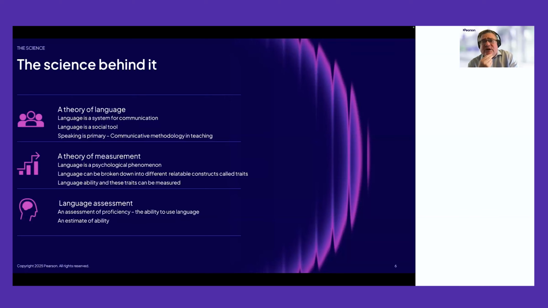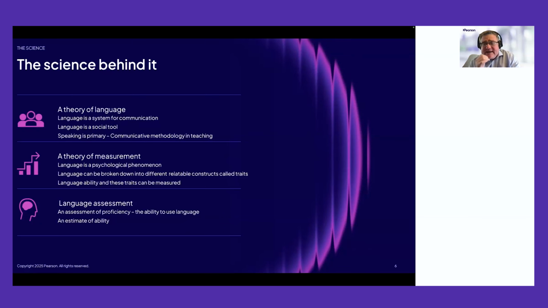And for those of you who know about the history of language assessment and the history of language teaching, you will know that over the last 50 or 60 years, ideas about what makes up language have changed, and the focus now in the 2020s is certainly not the focus that it was, for example, in the 1950s and 1960s.